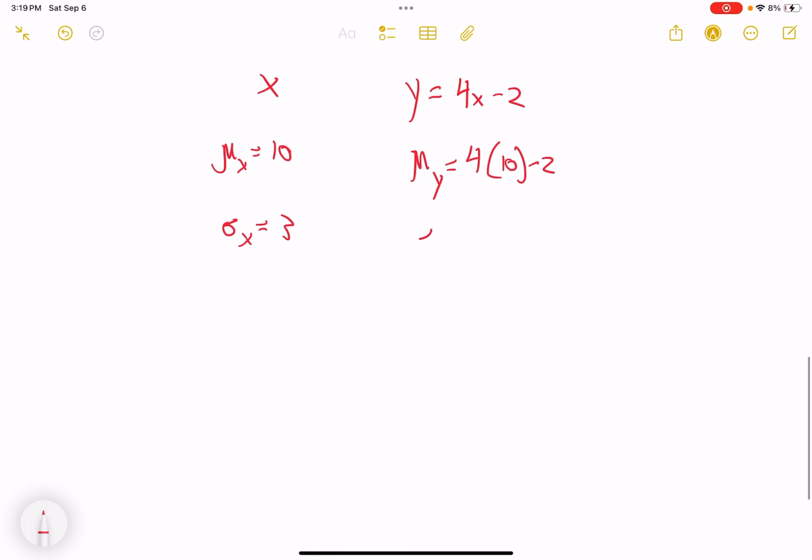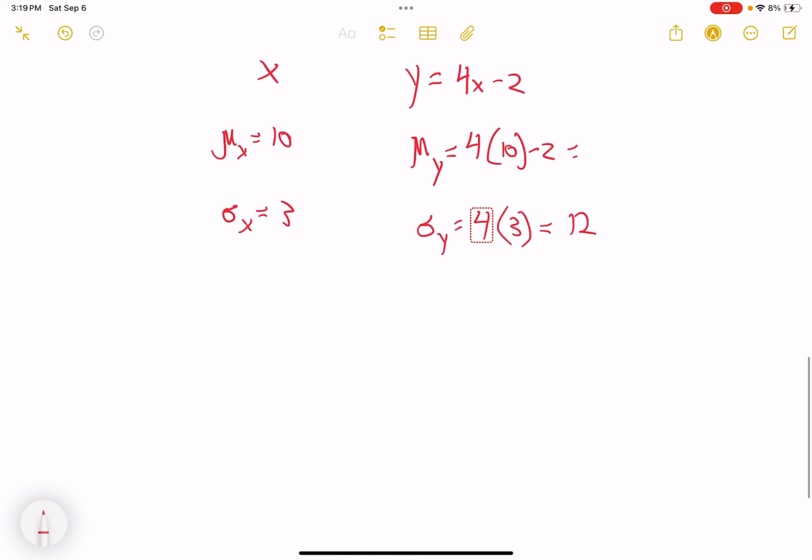But my standard deviation for y is only going to be 4 times my standard deviation for x, which is 3, right? So we would have a mean of 38, right? Because we did multiplication and subtraction, but we'd only have a spread, or I should say a standard deviation, of 12, because we wouldn't employ the subtraction or the addition aspect.